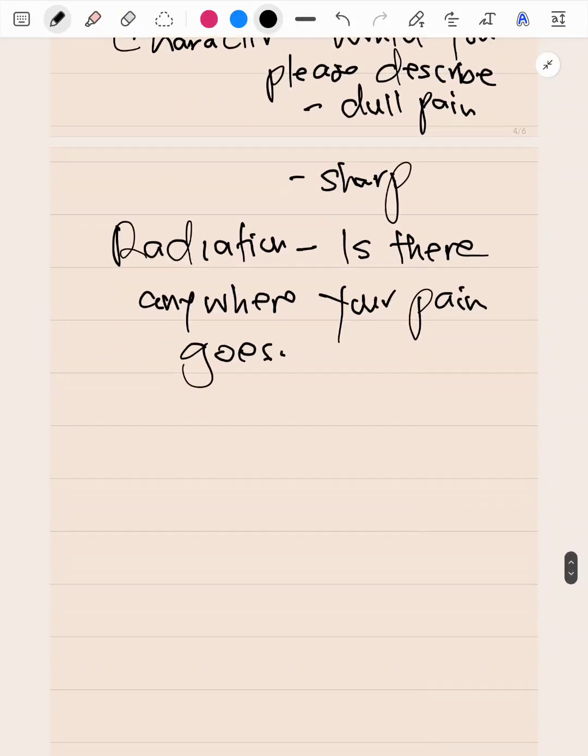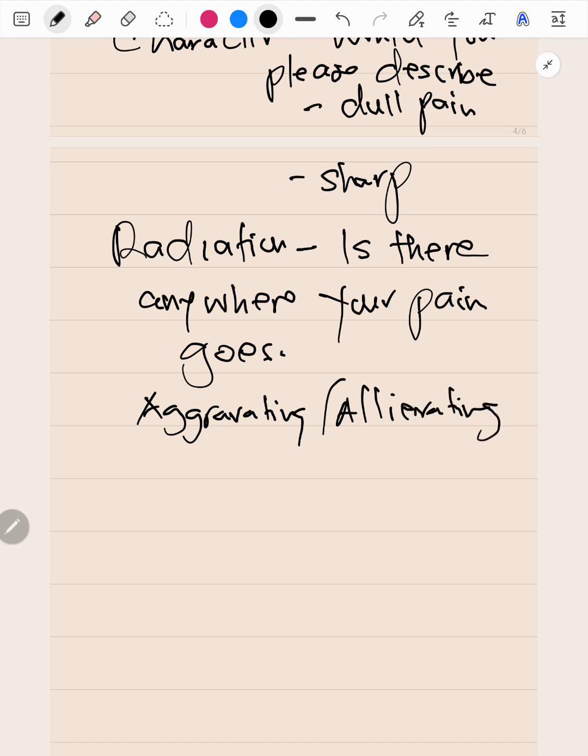And then remember, we said we are rearranging Socrates, so you're not going to ask about associated symptoms. You're going to ask about aggravating and relieving factors. So how do you ask it?